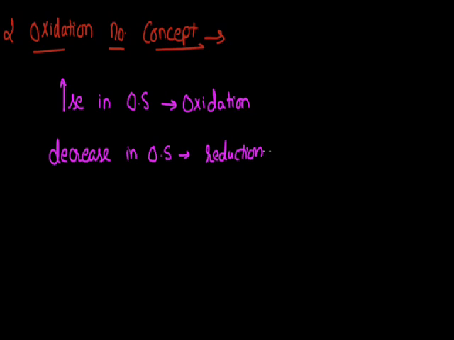But before we identify the oxidation state of any element, first we have to understand what we mean by oxidation state and how we can find the oxidation number of any element in a compound or in an element. So now we will be dealing with this oxidation number and the rules to assign it.